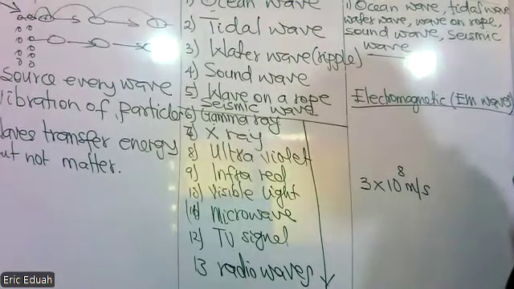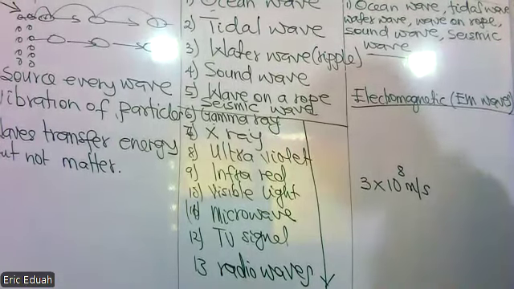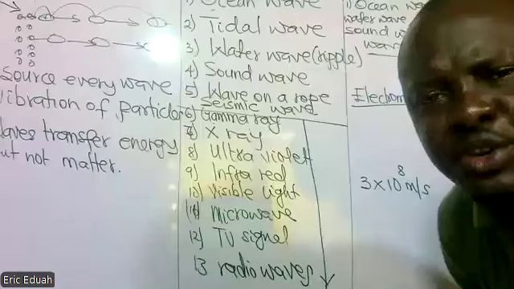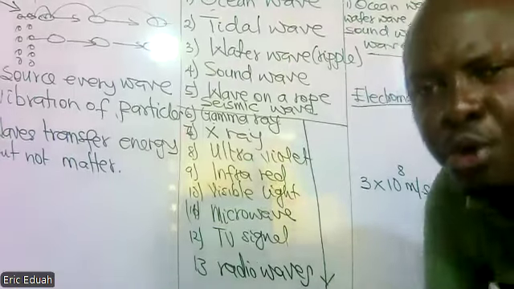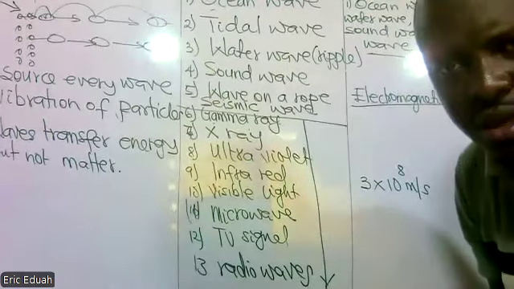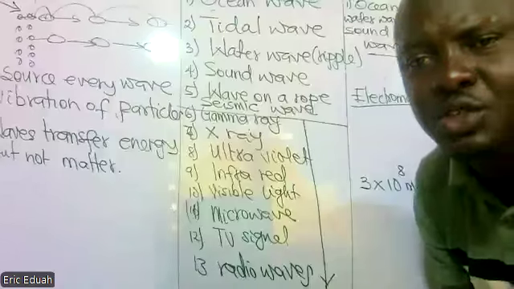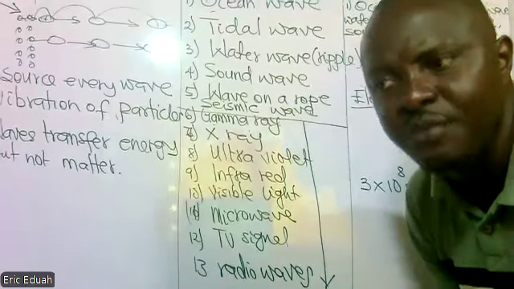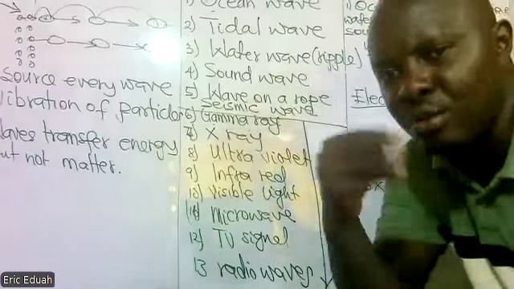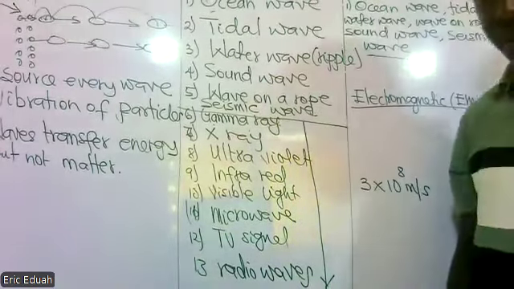Why are the others mechanical waves? Because they require a medium before they can be sent from one point to another. As I speak to you, if there is no air, it cannot be. You can't even hear me from your home.